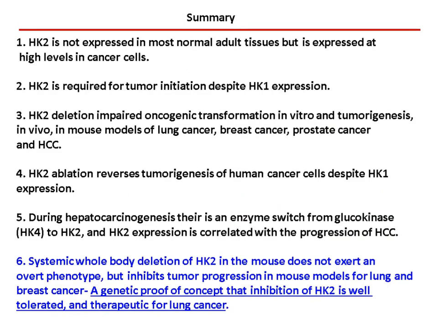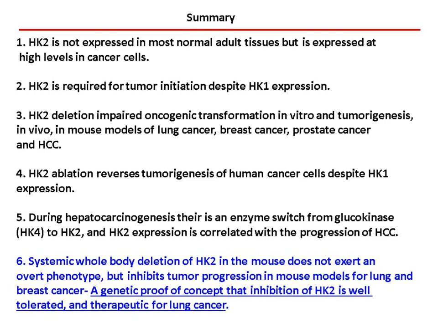So this is a summary of what I've just told you, and I would like to emphasize three major take-home messages. First, hexokinase 2 ablation reverses tumorigenesis of human cancer cells despite hexokinase 1 expression. Second, during hepatocarcinogenesis, there is an enzyme switch from glucokinase to hexokinase 2, and hexokinase 2 expression is correlated with progression of HCC.